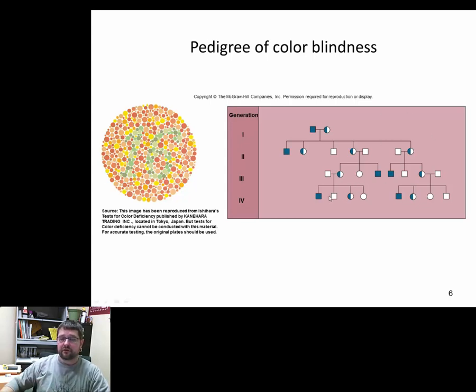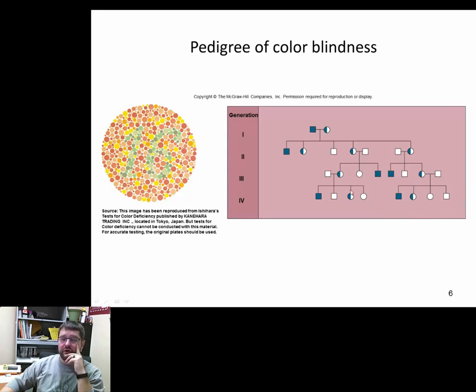sex-linked. Now, the other caveat to this, and I want to lay that out so you understand. If you're reading a pedigree and you only see children and parents, don't jump to the conclusion that something is sex-linked. You need to have multiple generations.